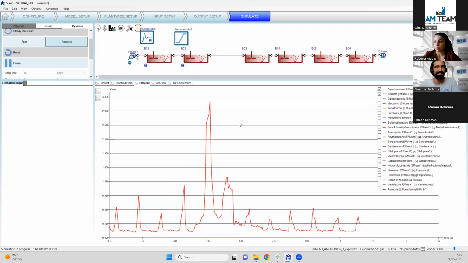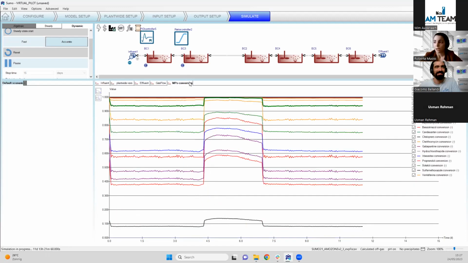And this is even more pronounced during the rain weather condition, not only due to ammonia, but also due to a particular behavior that happens during the rain weather condition in terms of radicals. Here we're looking at micropollutants removal, average removal along the days, along the time, and we have very fast removing compounds and low reactive compounds that are hardly removed.